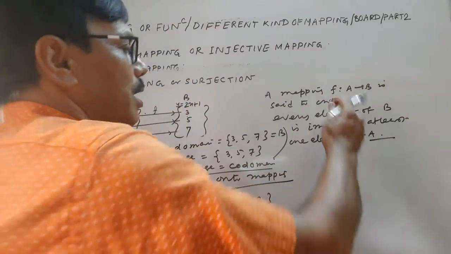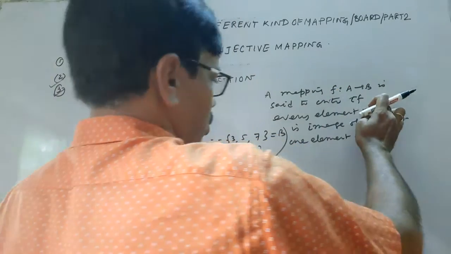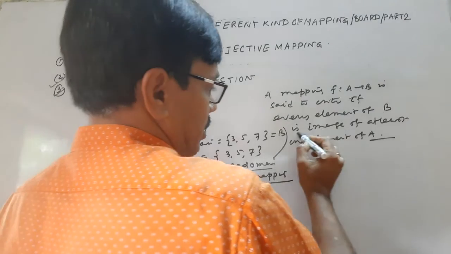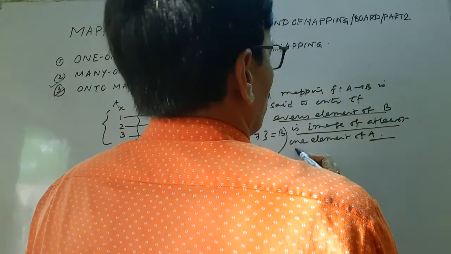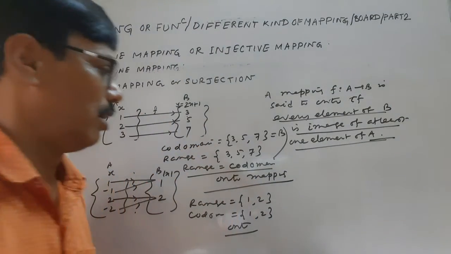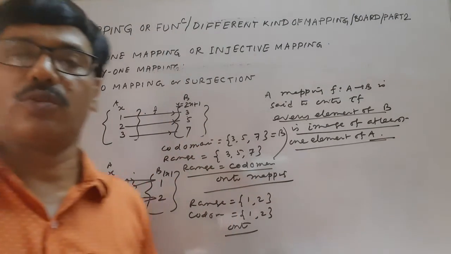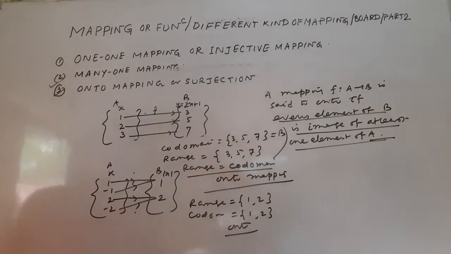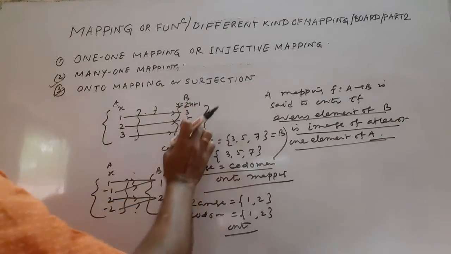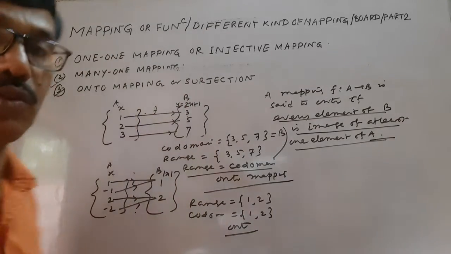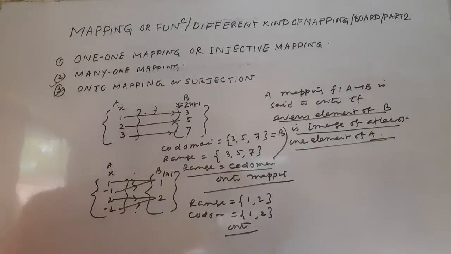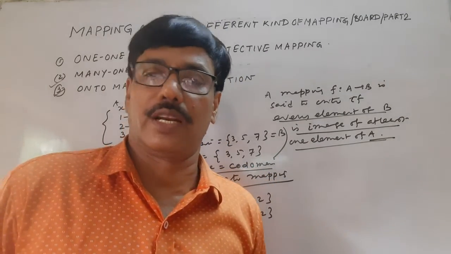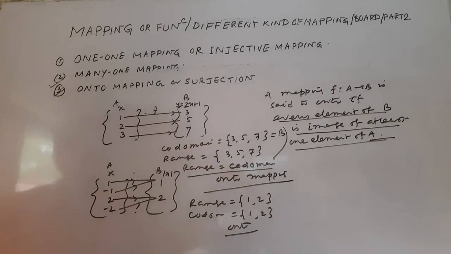So a mapping from A to B is said to be onto if every element of B is image of at least one element of A. So that is range equals codomain. There is no free element in B. Free element means other than image, there are no free images. So these are the examples.